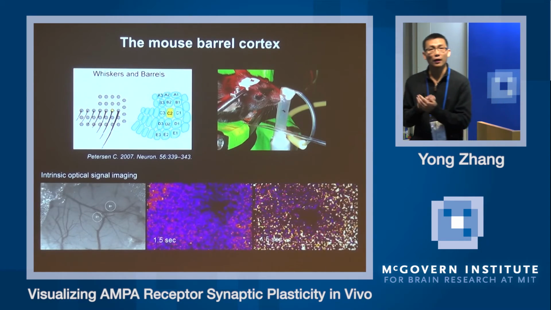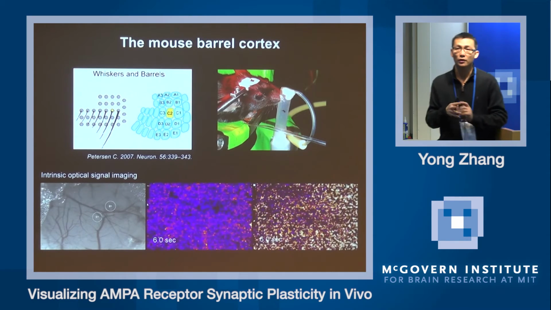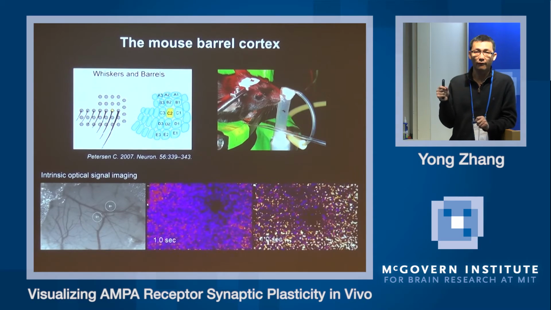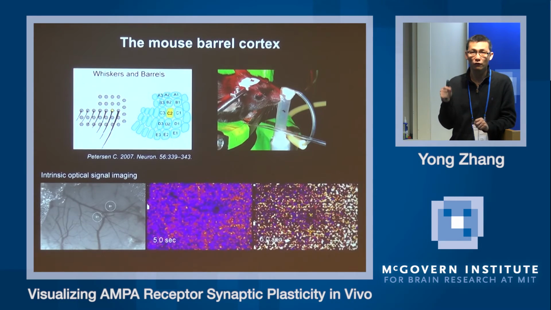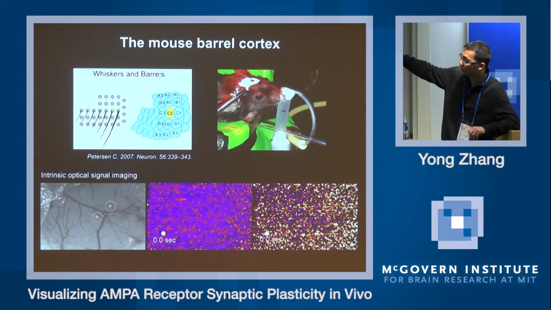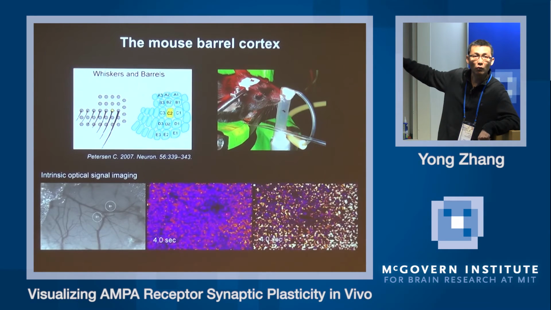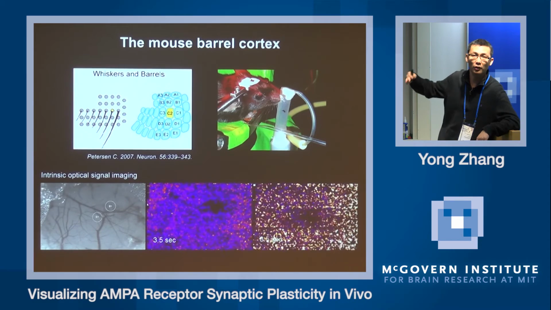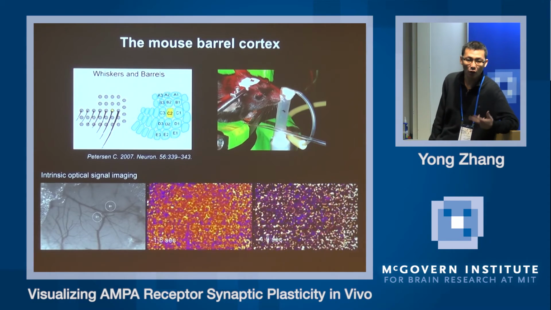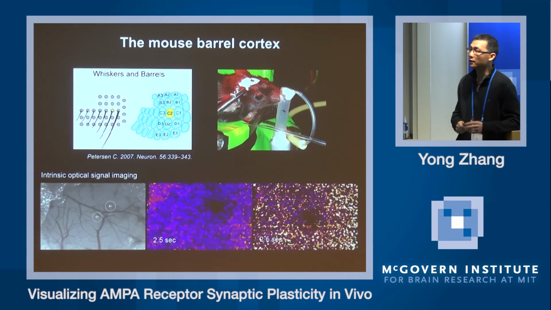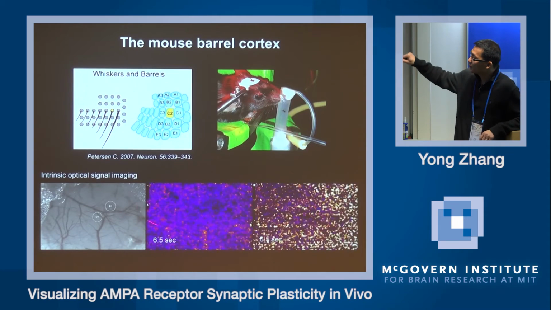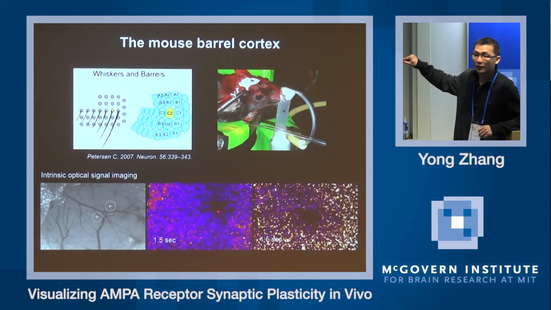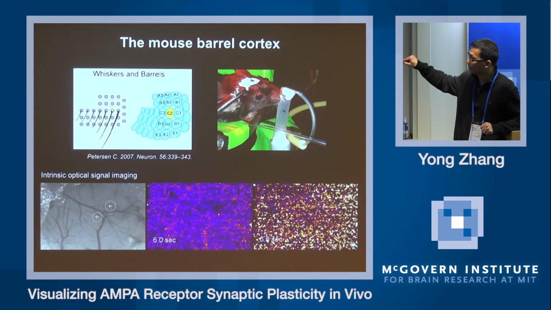Under a wavelength of 630 nanometers, the more deoxyhemoglobin you have, the less light will bounce off the brain surface. So the activated brain area will go dark and then recover once blood flow comes in and reoxygenates the deoxyhemoglobin. Using this method, we were able to map out the individual barrel columns.